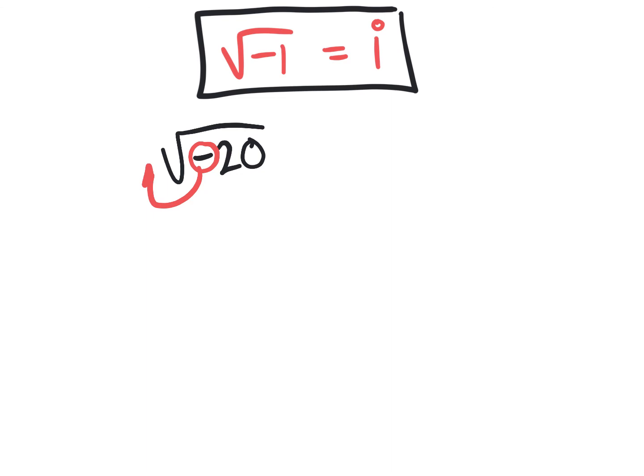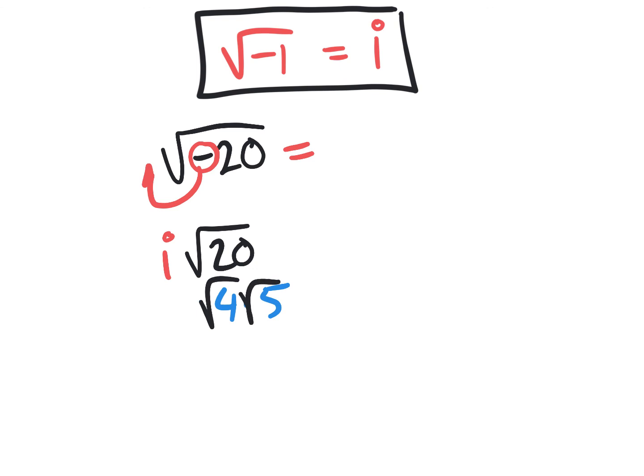So I could rewrite this guy as, let me write it down here, i square root of 20, and now you don't have a negative in there anymore. And now it just goes back to what we've been doing. How do you simplify the square root of 20? 4 and 5. 4 times 5, split it, that's 2 square root of 5, but don't forget about the i that's in the front.